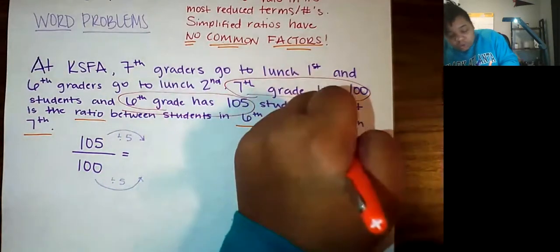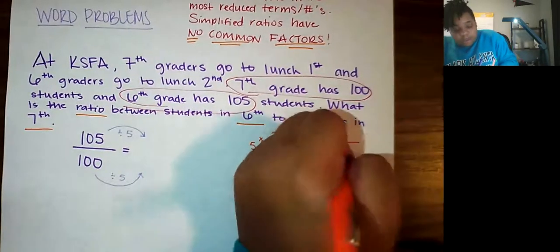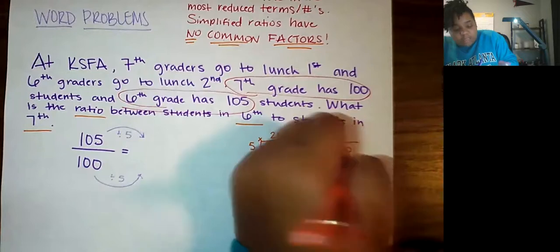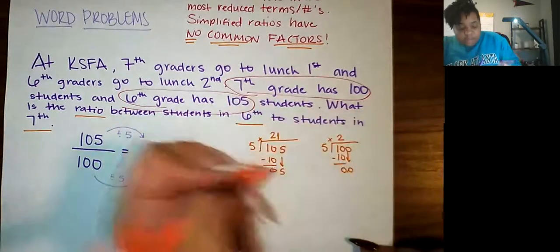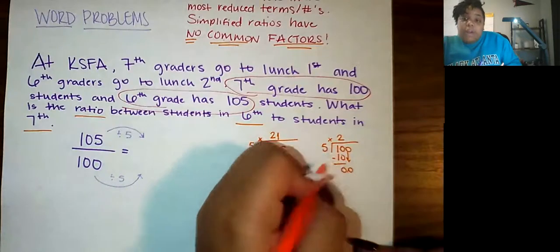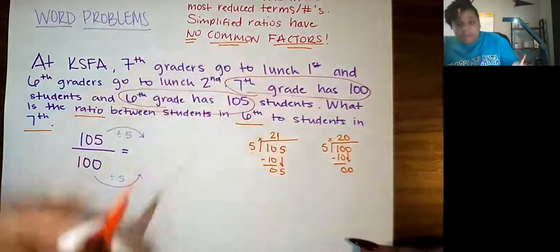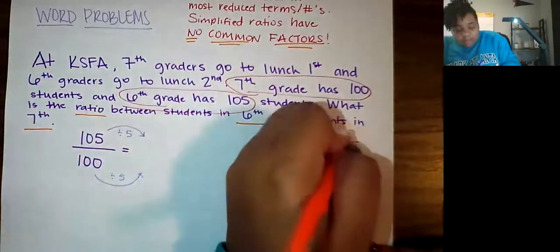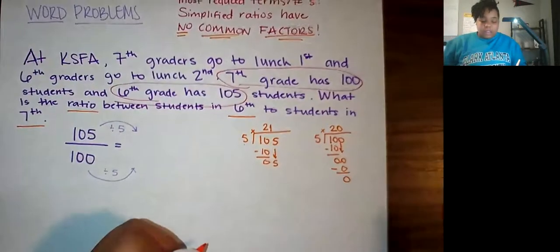There are 2 whole groups. So then I want to multiply. 2 times 5 will give me 10. I subtract and get 0. I'm going to bring down my other 0. How many whole groups of 5 are in 0? There are 0 groups. I multiply. 0 times 5 is 0. And I subtract and get 0.